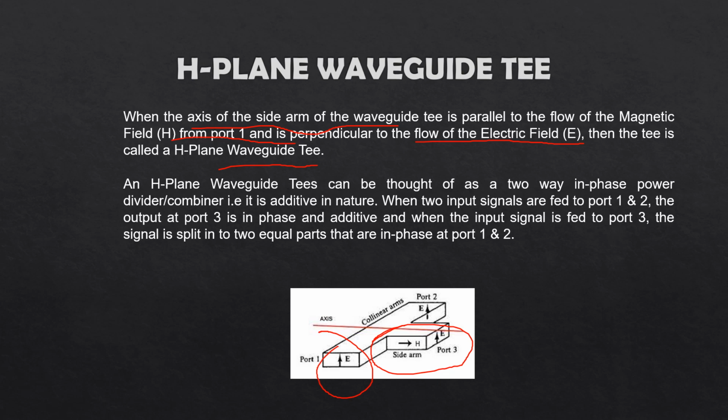An H-plane waveguide T can be thought of as a two-way in-phase power divider and combiner. That is, it is additive in nature. When two input signals are fed to port 1 and 2, then the output at port 3 is in phase and additive. When the input is fed to port 3, the signal is split into two equal parts that are in phase at port 1 and port 2. This is known as H-plane waveguide T.